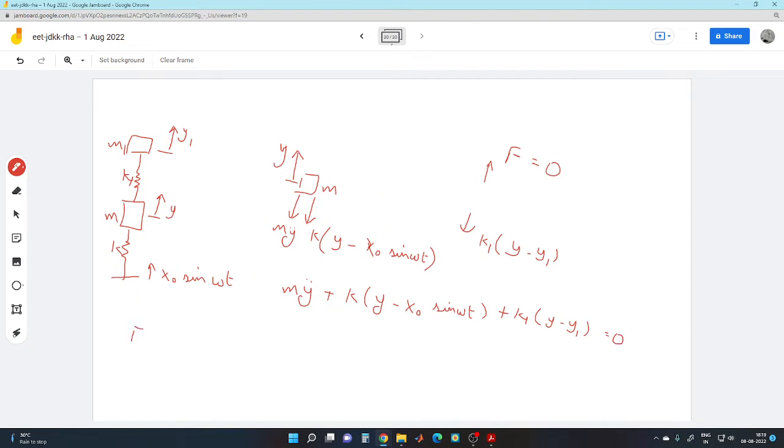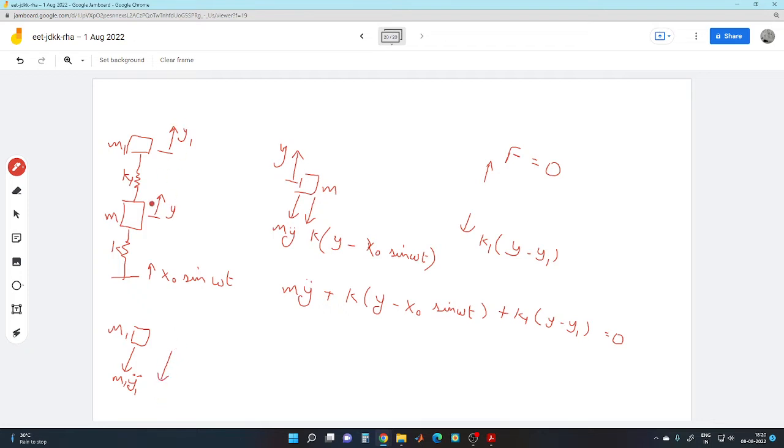For the lower mass m1, it will be the same: the inertia force m1 y1 double dot. Double dot stands for the second derivative in time, so y1 double dot is the acceleration. And same for k1.